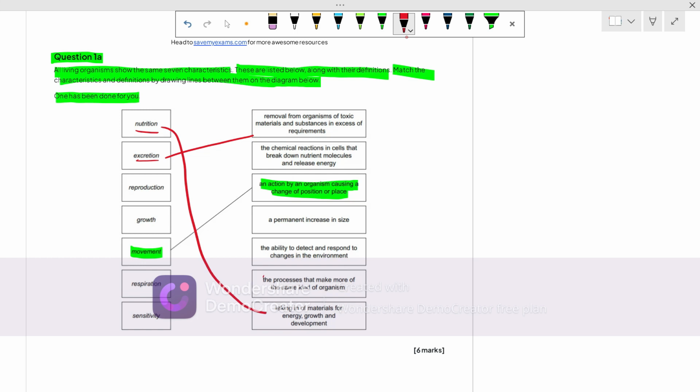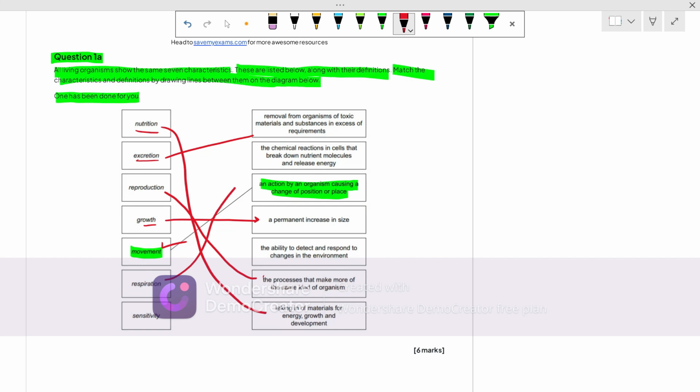Reproduction. Reproduction is the process that makes more of the same kind of organism. Growth. Growth is a permanent increase in size, usually in cell size or dry mass, or both. Movement is already done for us. Respiration.